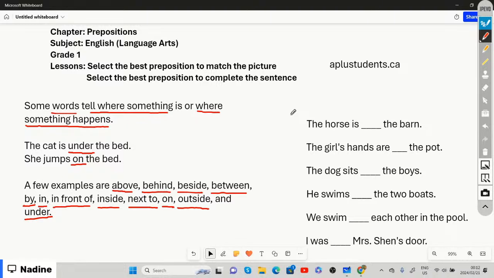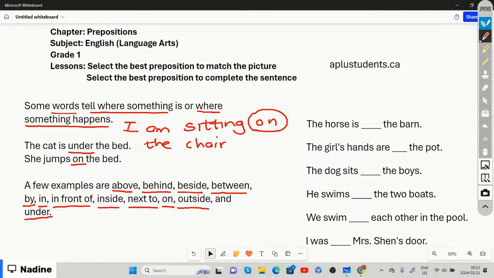So if you are sitting on the chair, we can say, I am sitting on the chair. That's maybe where you're sitting now. So our preposition is on.